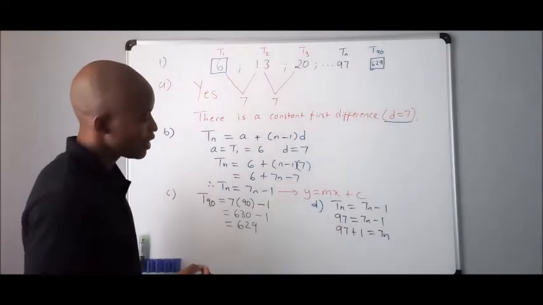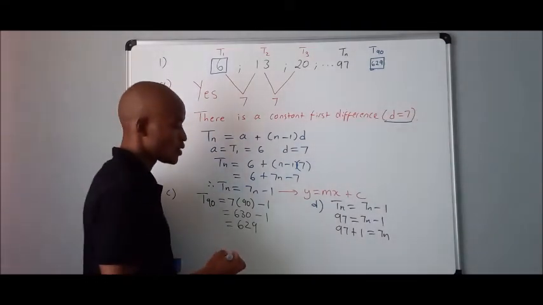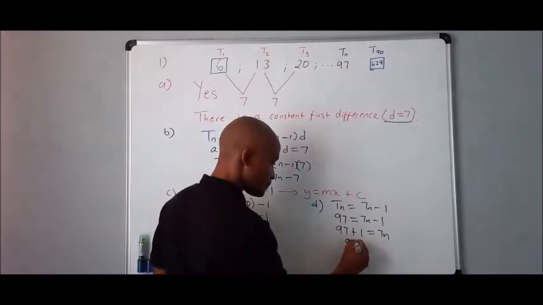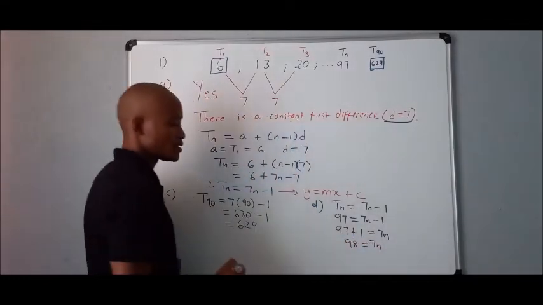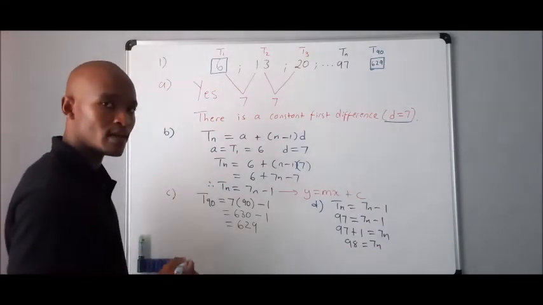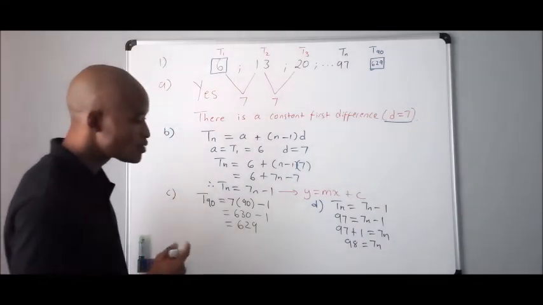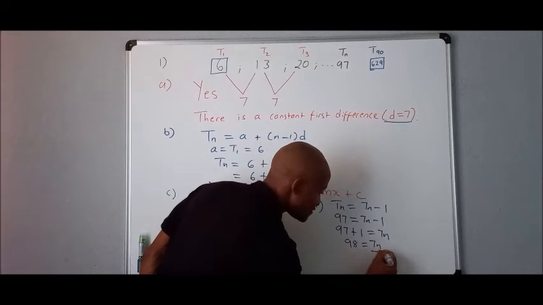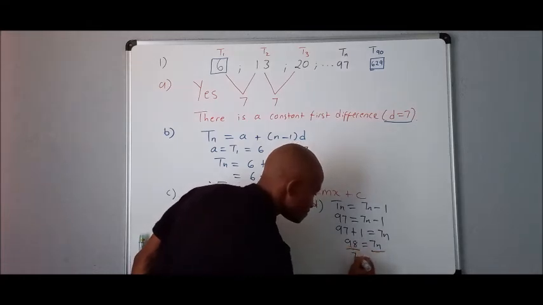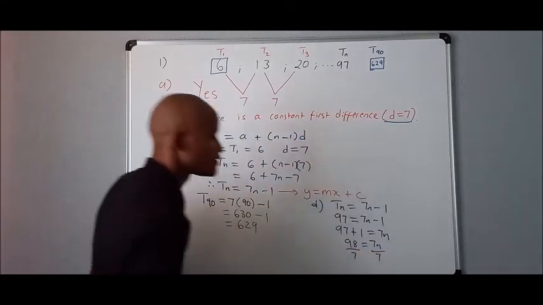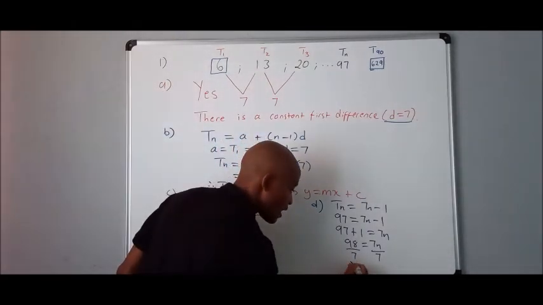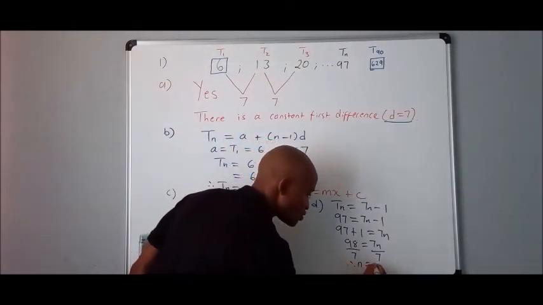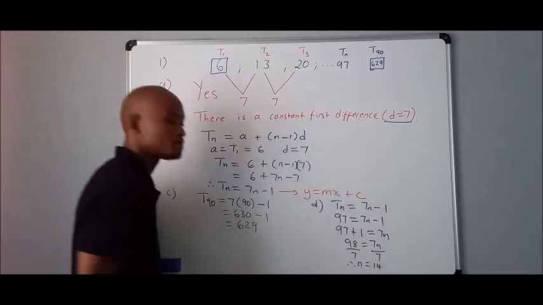Okay, so now how do we work this out? You now have 98 is equal to 7n, and then dividing both sides by 7 gives us that our n is equal to what? 14.